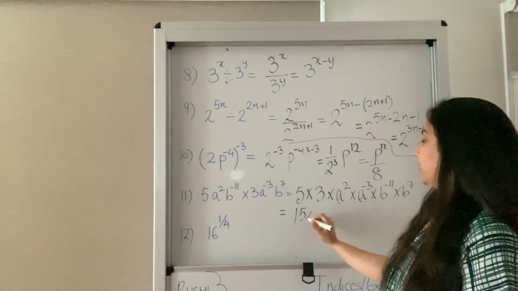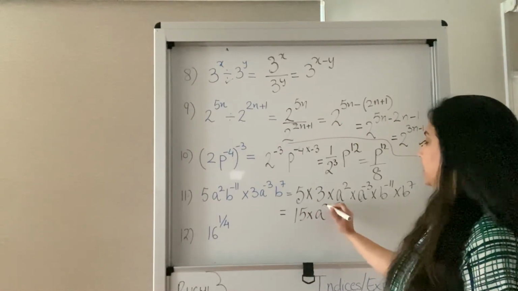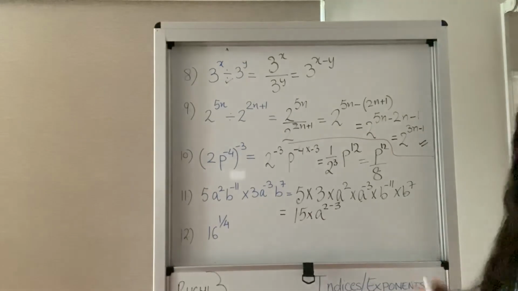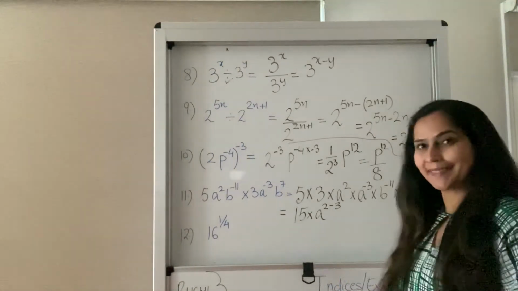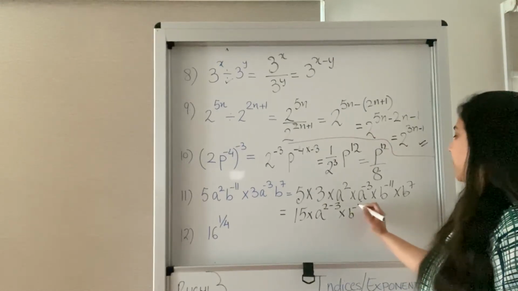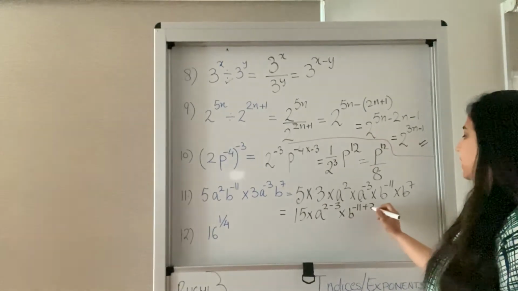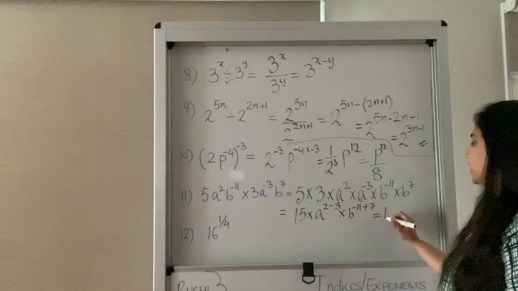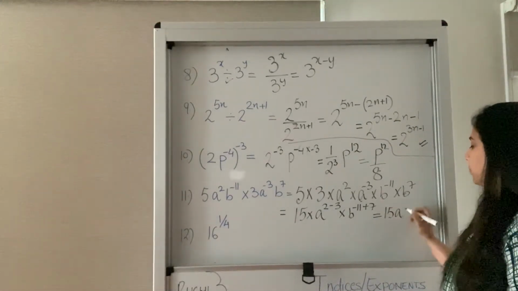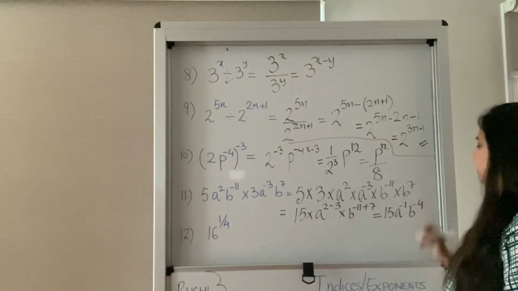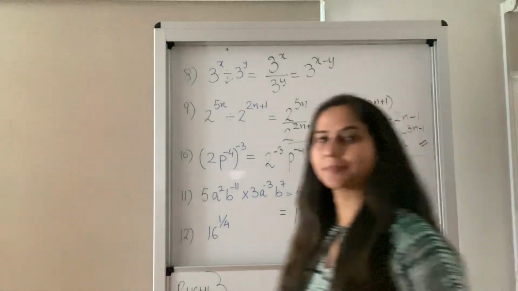So when we add it now, be careful, it's 2 minus 3, because plus minus is minus. So this is 2 minus 3 times b to the power minus 11 plus 7. That's how we write it. So this is 15, a to the power minus 1, b to the power minus 4. That's the answer.